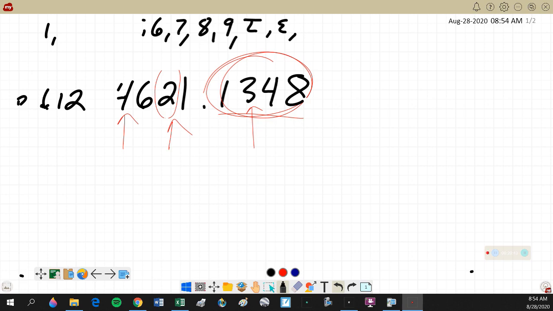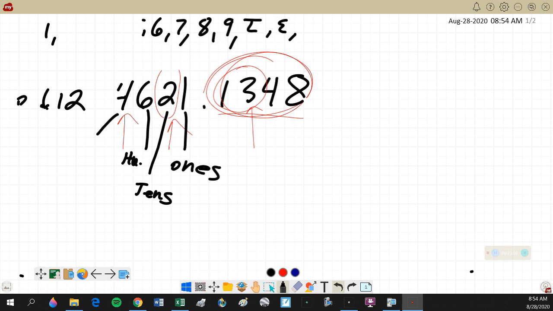That is the hundredths place. But wait a minute, there are only 2 digits. So we call this the ones. This is the tens. This is the hundreds. And this is the thousands.